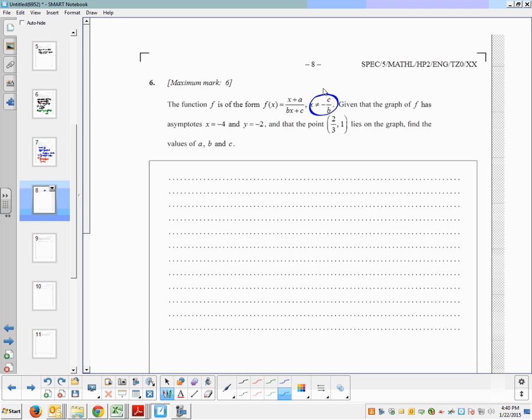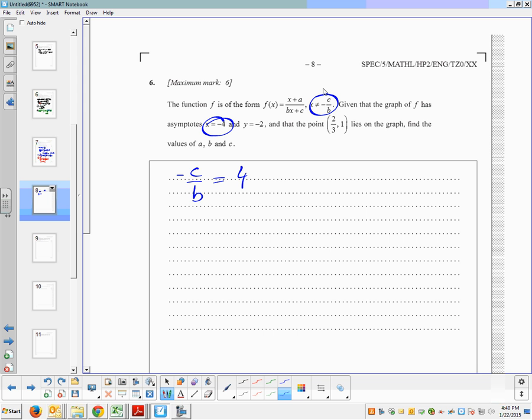Where else are we getting an asymptote? We're getting an asymptote at x equals -4. So if minus c over b was equal to -4, then we get an asymptote. And there's also one at y equals -2.